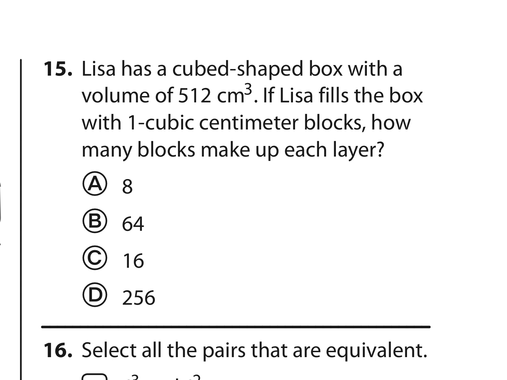So this problem is talking about this cube, and what I have highlighted here in pink is 1 layer of a cube, which is actually just a square. So to find out the area of that square, we need to know what each edge of the cube measures. We could use a little formula. Volume is equal to the edge cubed, because a cube has length, width, and height that are all the same.